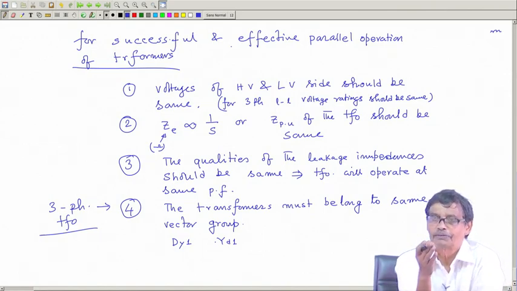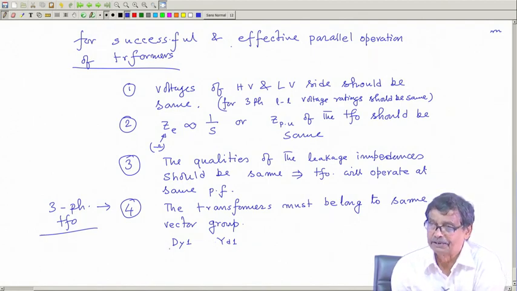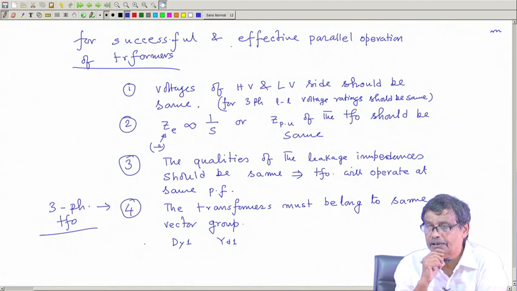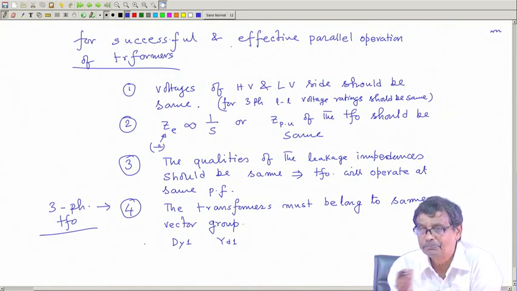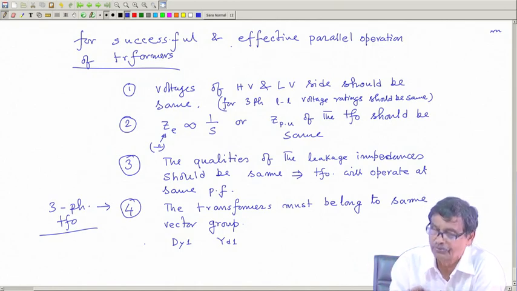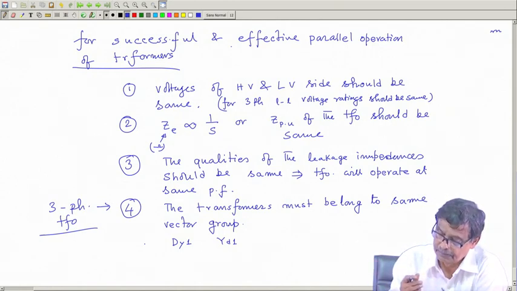Of course, see, primary you have applied a voltage, it is getting shifted, both phase and line to line voltage get shifted by some angle of 30 degree or so. But primaries will be connected in parallel, secondaries will be connected in parallel, and they must be shifted by same angle, then only the voltages, magnitudes of course will be same, and then paralleling can be done successfully.